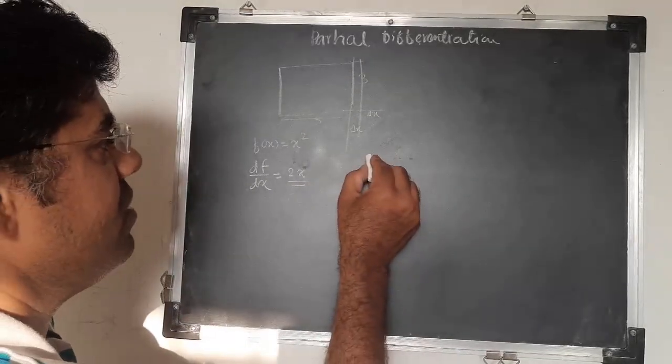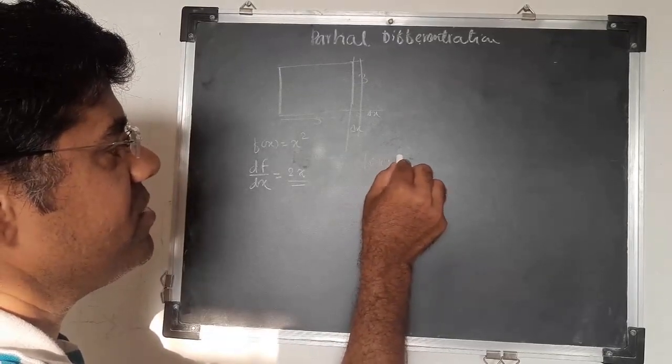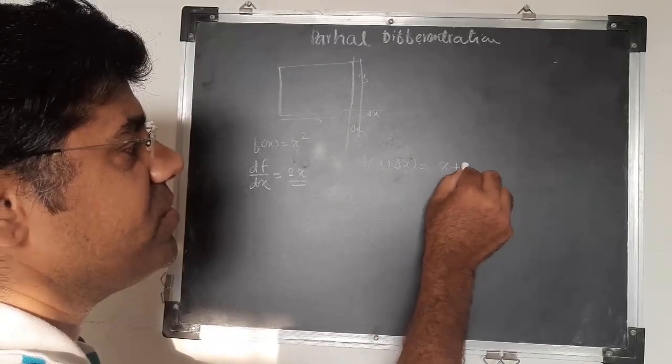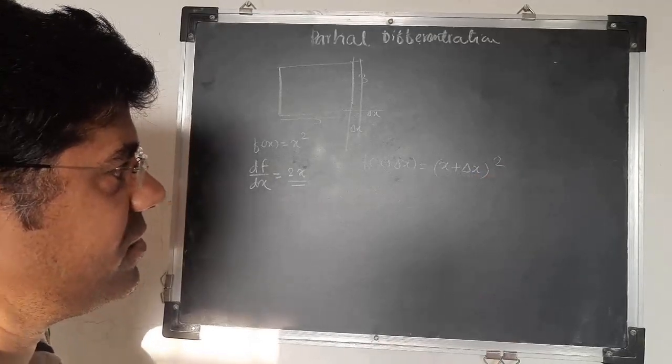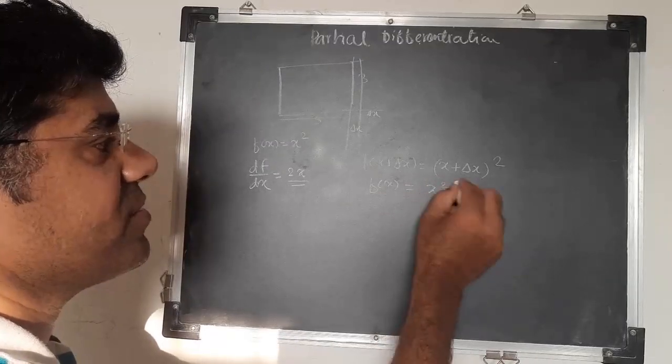So this is simple. This is f of x plus delta x, that is nothing but x plus delta x, and its square. This is f of x, which is nothing but x square.